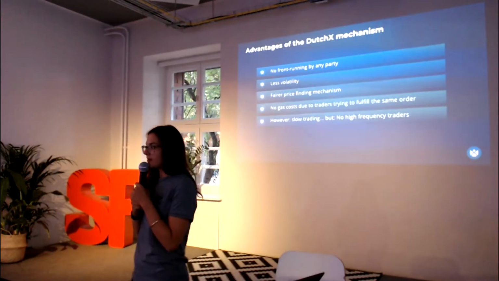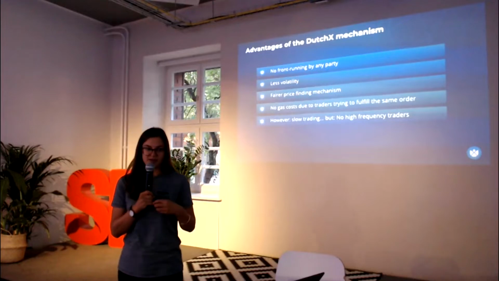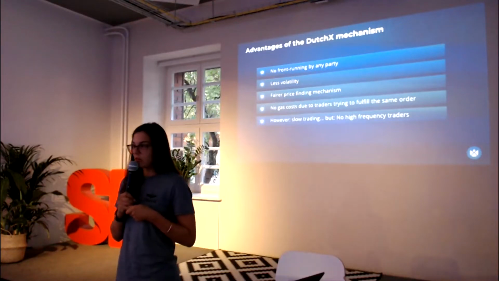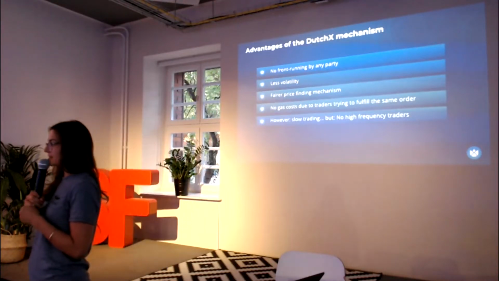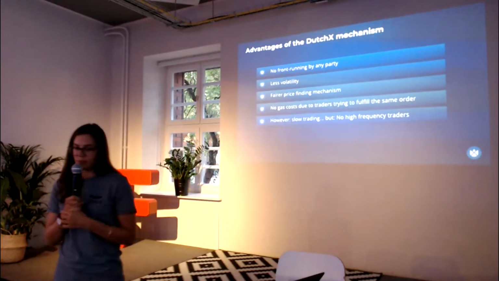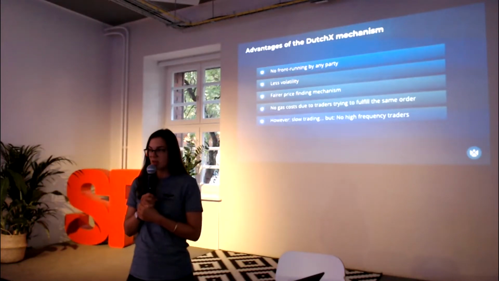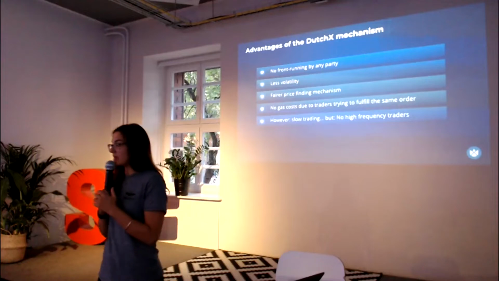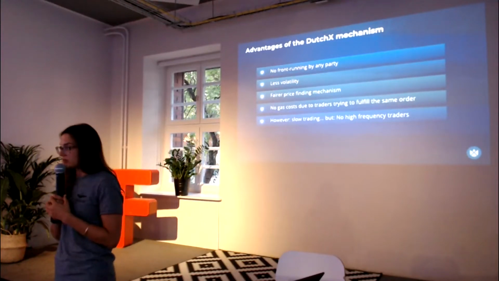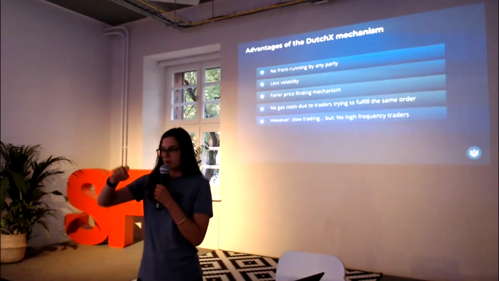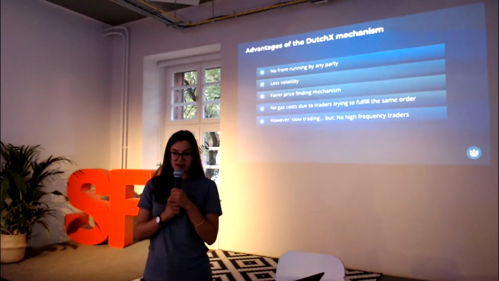So here are some advantages that we see with this mechanism that we apply. There's no front running, as everybody pays the same price, the same lowest final price. It also, by the fact that it's actually quite slow, reduces the volatility. So there are not massive fluctuations in the market.